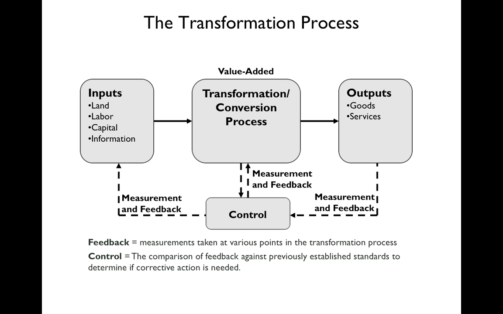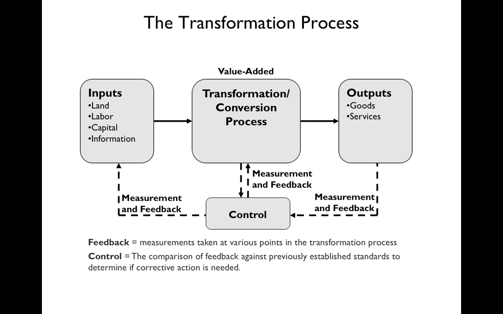And on the output is either a goods or services. Now you have these feedback loops where you're always looking to see if there's something about your product or service that needs to be improved in your transformational process. You also have feedback to your inputs to say what is it that we need to do different.